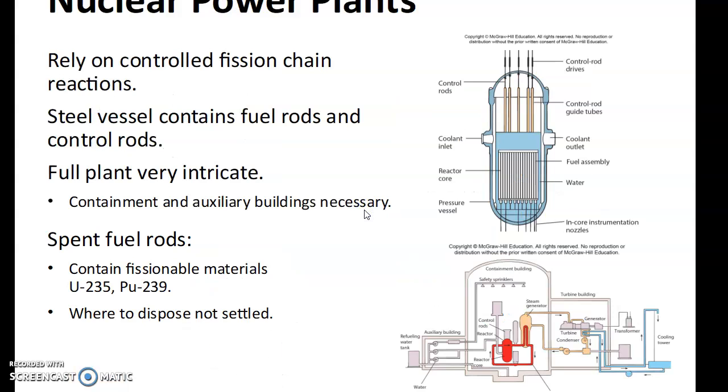Nuclear power plants rely upon controlled fission, where these steel rods contain the fuel rods. It's a very intricate matter, balancing and making certain you have the containment. And it's not just one level of containment. You've got several different levels, with the cooling water and all of that sort of thing involved. The spent rods still contain some fissionable material.